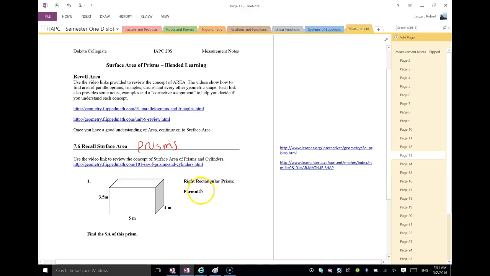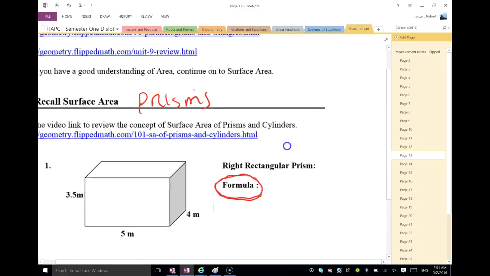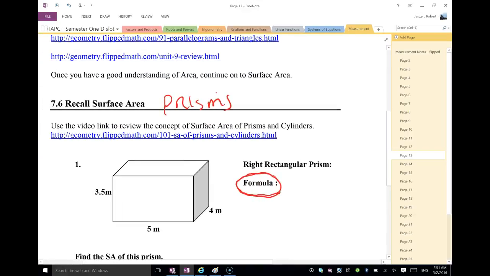And you may have learned how to find the surface area of prisms using a formula. Personally, I think this is a road you don't want to travel. There are so many shapes that it would be impossible for you to learn every formula.